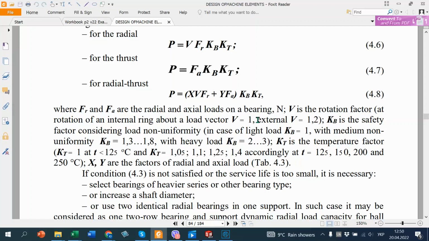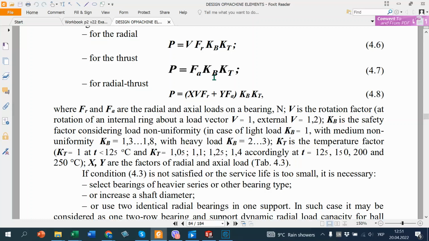If the outside ring rotates, in such case V is 1.2. But in our task, in all variants, the inner ring rotates, that's why V equals 1.